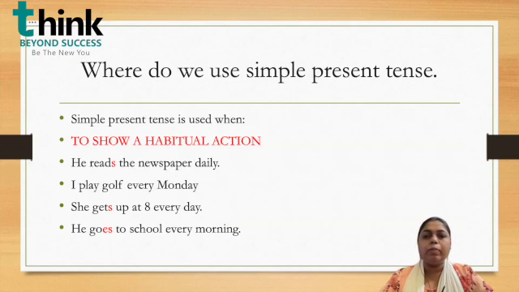Reading the newspaper daily is a habit, so to talk about anyone's habit we use simple present tense. I play golf every Monday. Playing golf every Monday is someone's habit. I wake up at 7 a.m. That is my habit. So to talk about any habit, we use simple present tense.